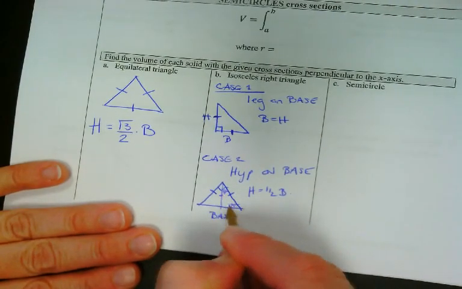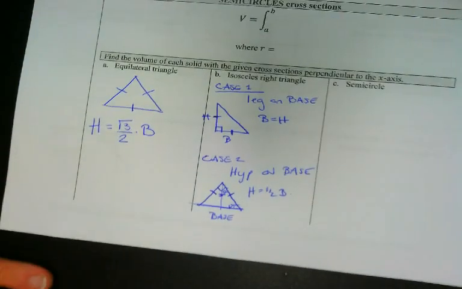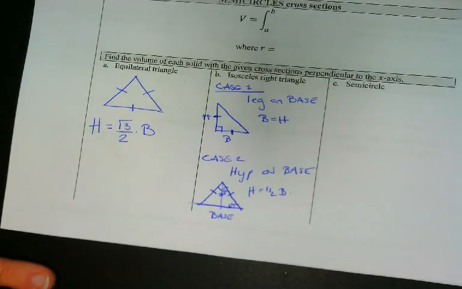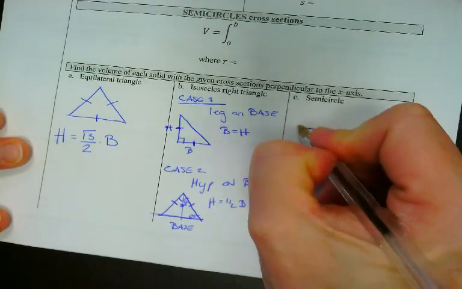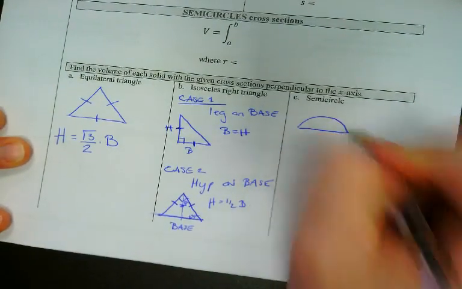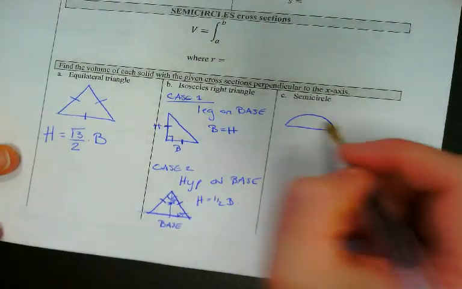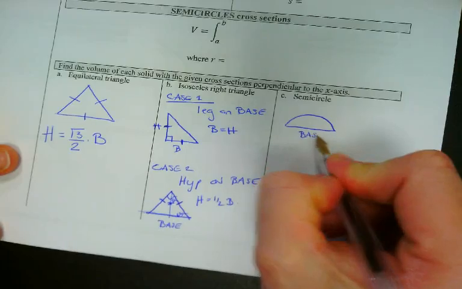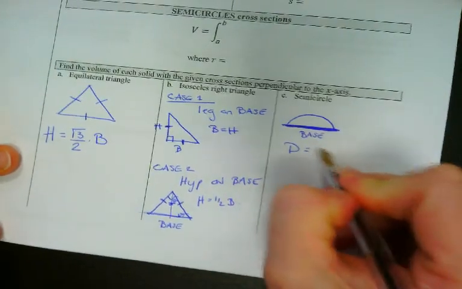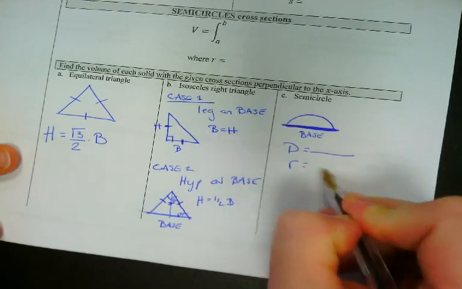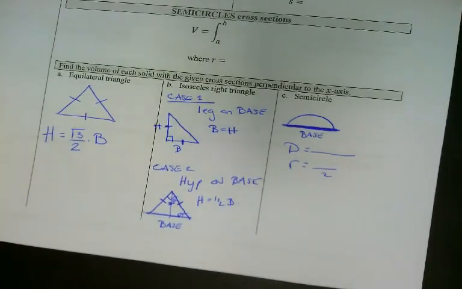That makes these two equal, which means that is half of this. Okay. And then since semicircle is staring at us, I'm just going to draw that semicircle one more time. And just a reminder, if this is the base, this is actually the diameter of the circle. And then don't forget, you need to find the radius by cutting that in half. That's what we talked about yesterday.